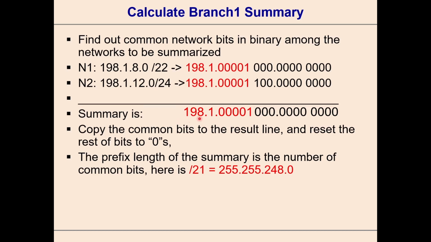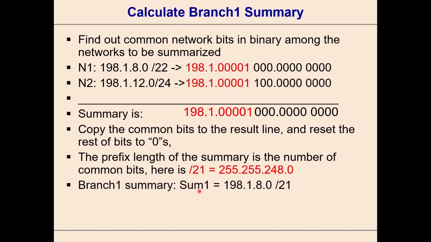So the first octet, 8 bits, plus the second octet, 8 bits, that's 16, plus 5 bits in the third octet. So 21 bits in common. That is the subnet mask /21 for the summary network. Write /21 as a formal subnet mask, that is 255.255.248.0. Then we got the summary address created on branch 1.